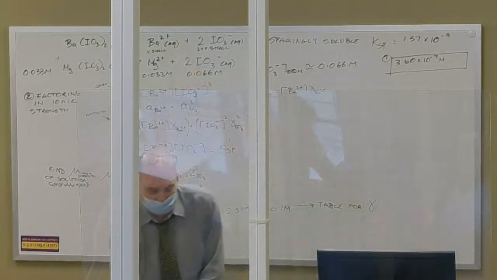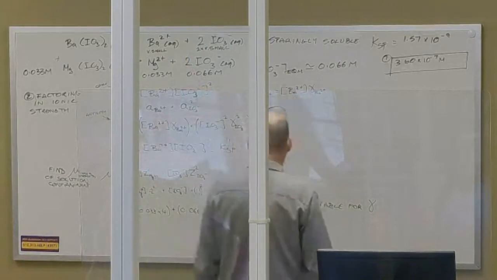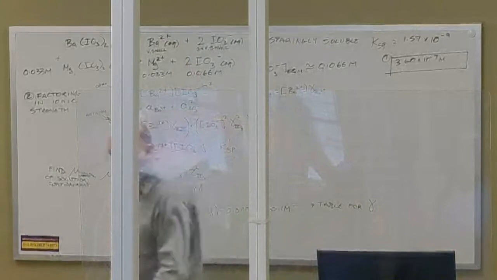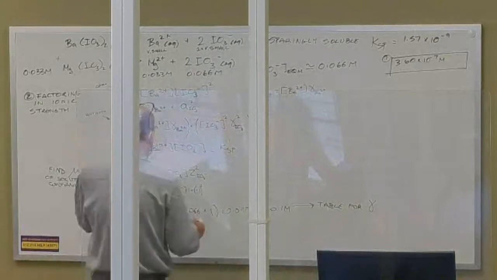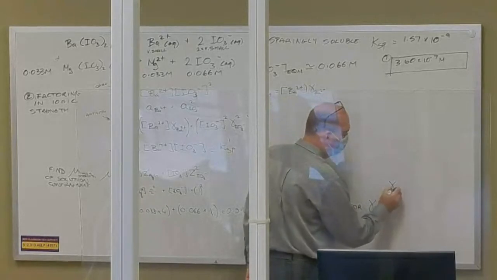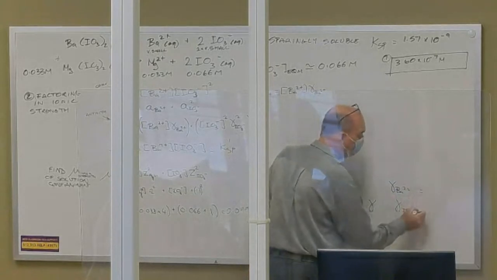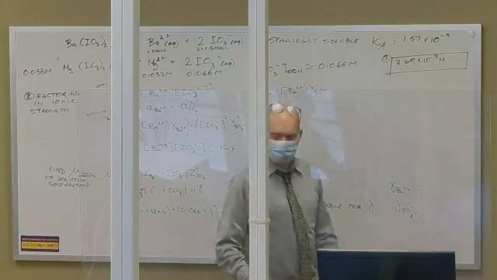So I have to go find the values for iodate and for barium 2+. And the table told me the gamma for barium 2+ and the gamma for iodate, we found this on Thursday.